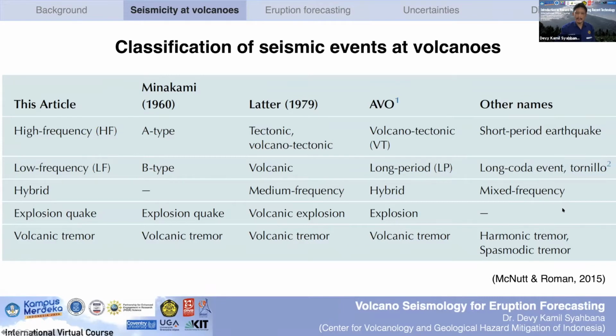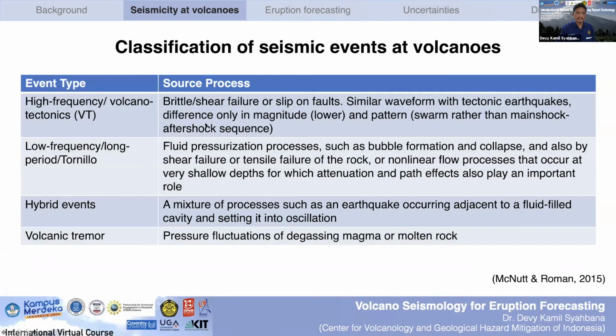You may wonder what these events are. These are the source processes. The high frequency or volcanotectonic events are mainly caused by brittle or shear failure, or slip on faults. They have a similar waveform to tectonic earthquakes, and the difference is only in the magnitude. It is lower, mostly below 3.